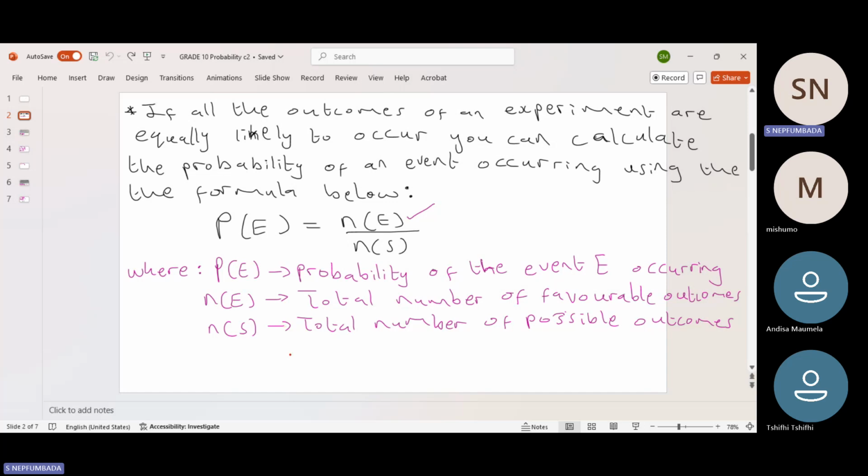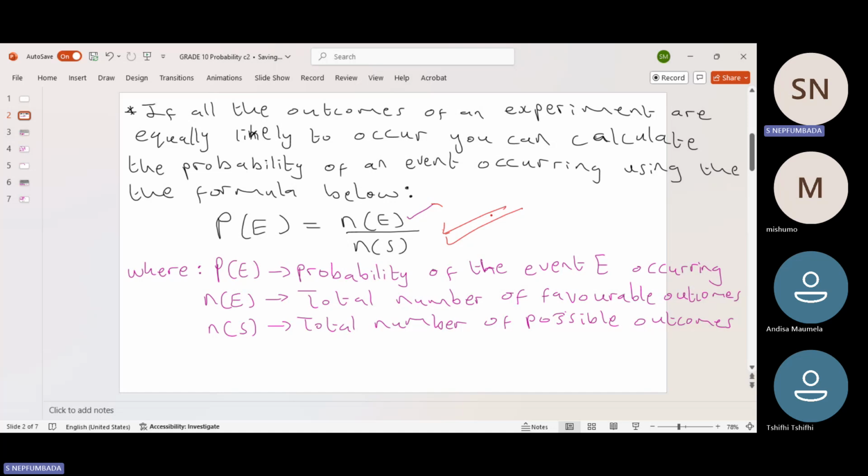N(E) is the total number of favorable outcomes. N(S) is the total number of possible outcomes. So we're going to deal with this formula: P(E) equals the number of events divided by the total number of the sample space.